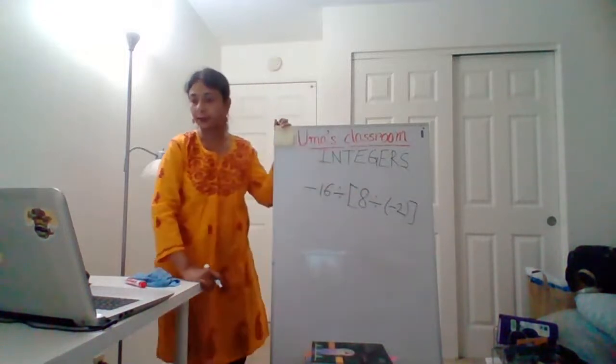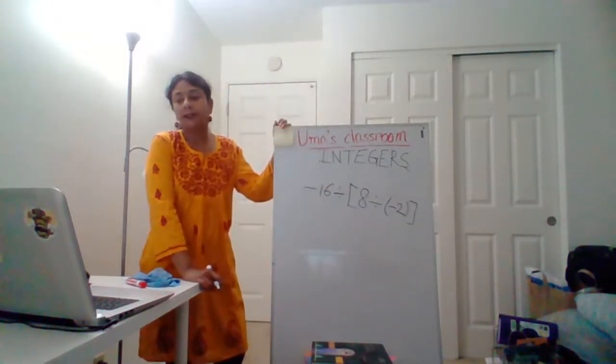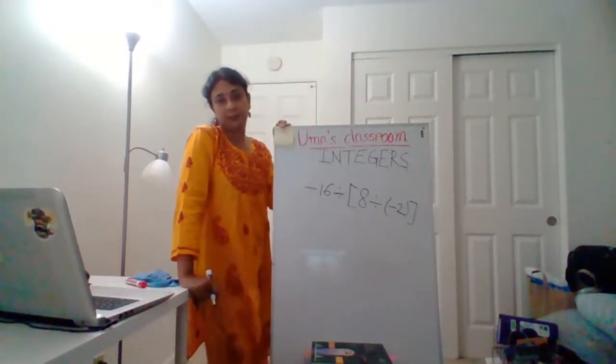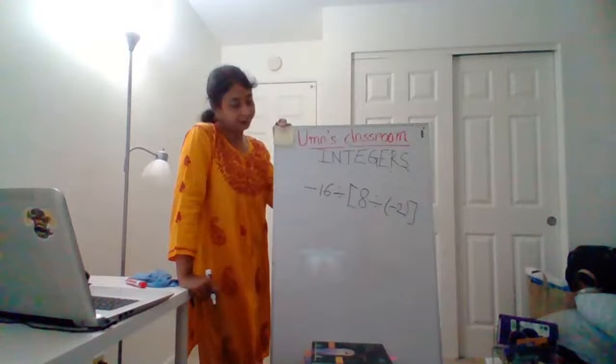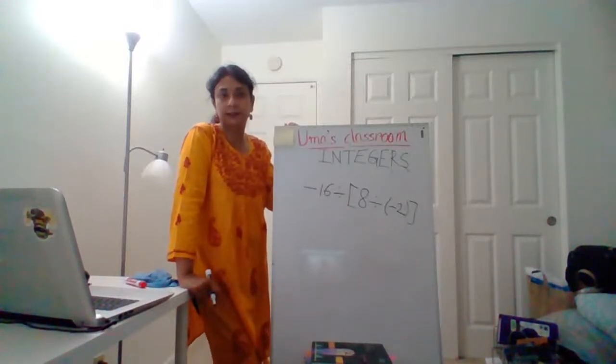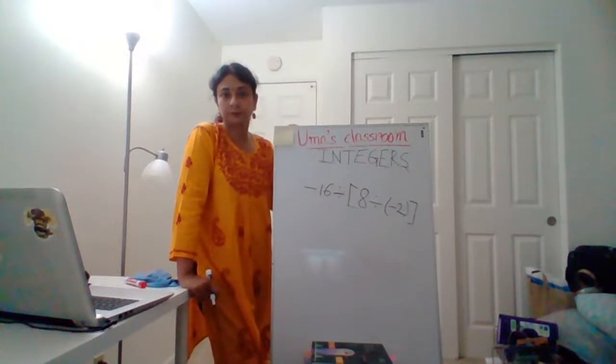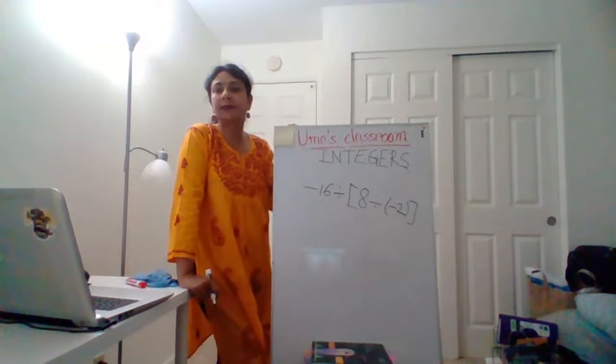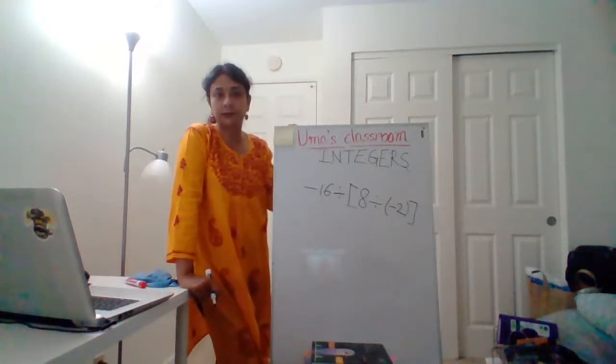Close the square bracket. What is the value of this simplification? Simplify this. What is the value of this one? Is anyone performing? Then please type your answer in the comment box.